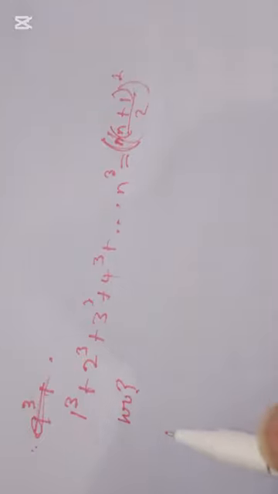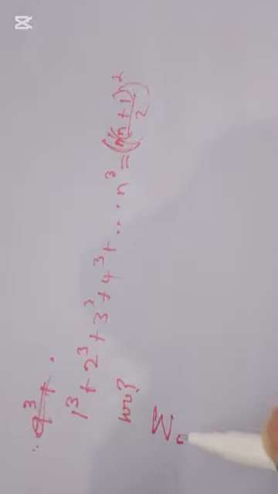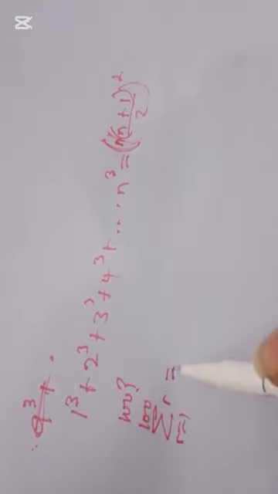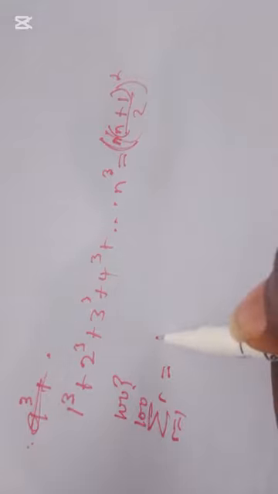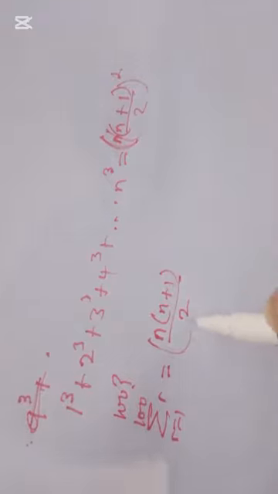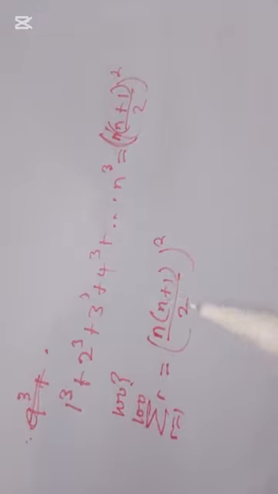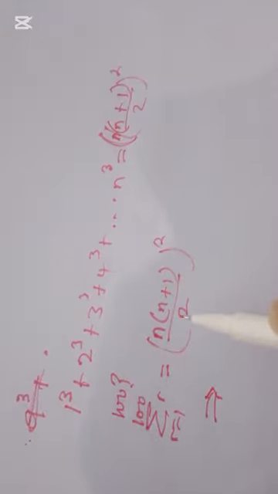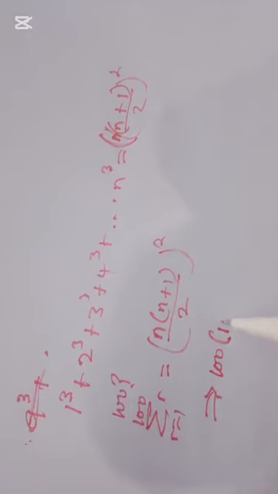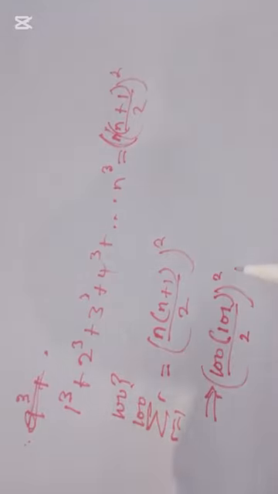So I'm going to have the summation of r from 1 to 100, which is our n, of r cubed, which equals n into n plus 1, all divided by 2, and then we square it. So our n is 100 into 100 plus 1, which is 101, all divided by 2, squared.